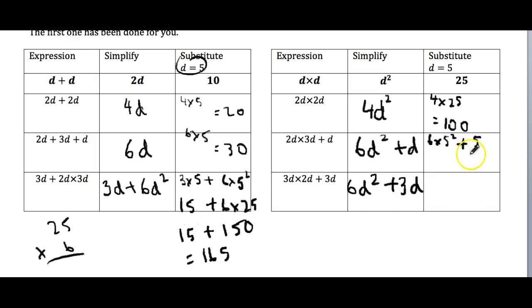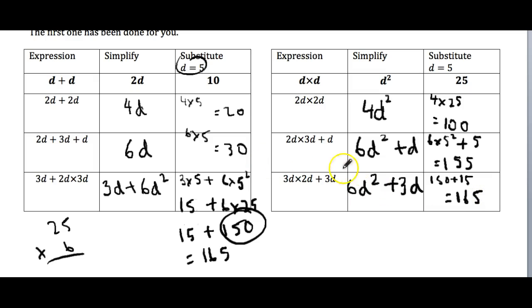I'm just going to cheat, and I think I used the wrong answer, didn't I? So I'm not concentrating. So it's 155, sorry. I took the wrong answer. I should have taken this, not the whole thing. So 6d squared is 150. So then we have 150 plus 15 gives you 165.